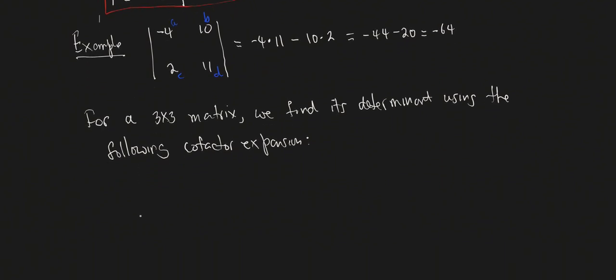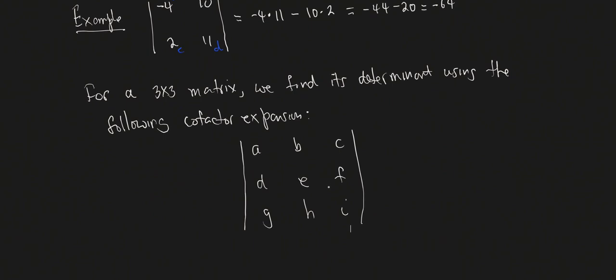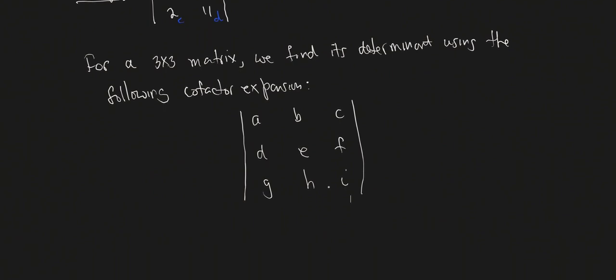All right, so let me write down a generic 3 by 3 matrix, using the letters A, B, C, D, E, F, G, H, I. Awesome. I remembered my alphabet, at least the first 9 letters. My grade school teacher would be proud.